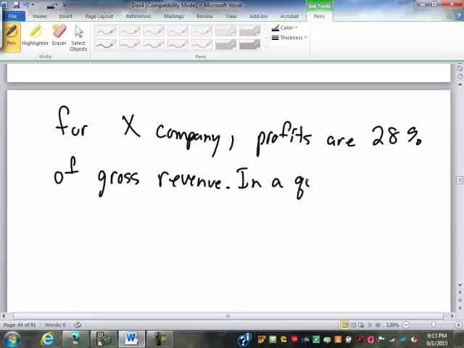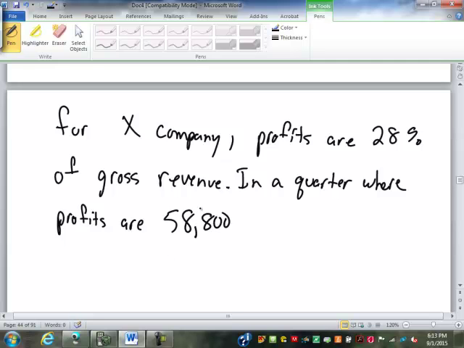In a quarter, where profits are, let's go $58,800. What was gross revenue?